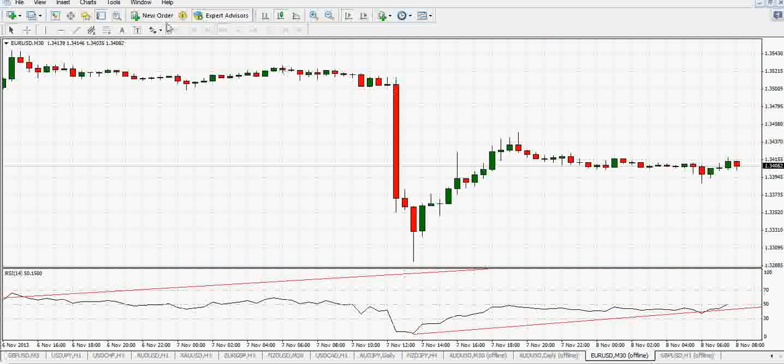I can just show you like this. You can see the drop from 1.3515 to 1.3290. It's a huge drop, and this fundamental catalyst and news was unexpected, and there are not a lot of people who created a huge profit yesterday.